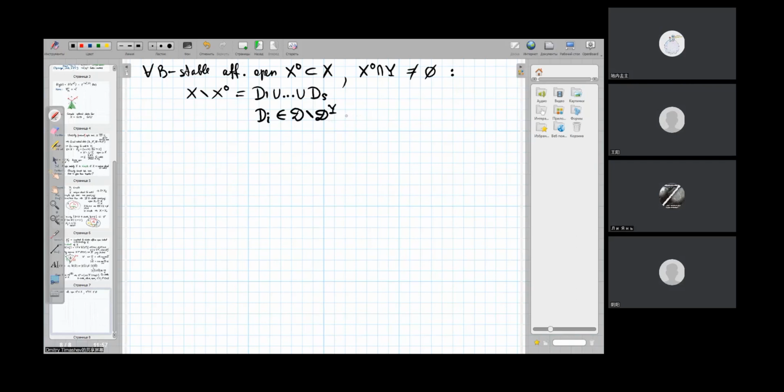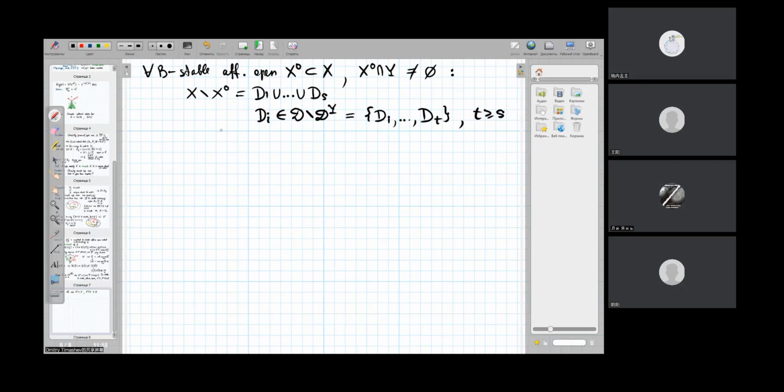Not all divisors in this subset occur among this D1, ..., DS. Let me also add all other colors in this subset. So let me denote this subset of colors not containing Y as D1, etc., DT, where T is greater or equal than S. So some of these colors are in the complement of X naught, but maybe there are other colors which intersect X naught. So the picture is like this.